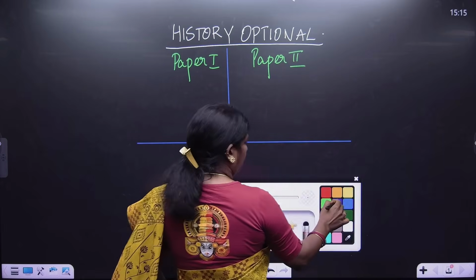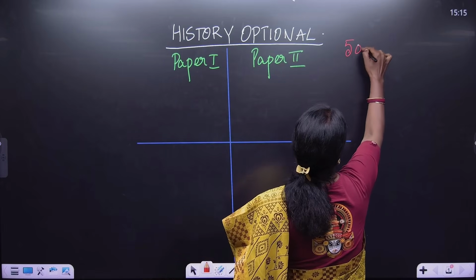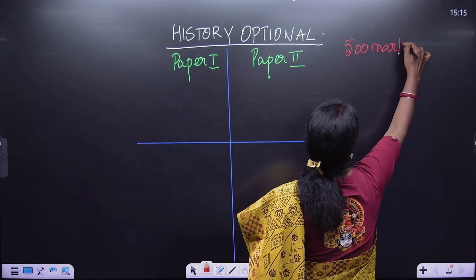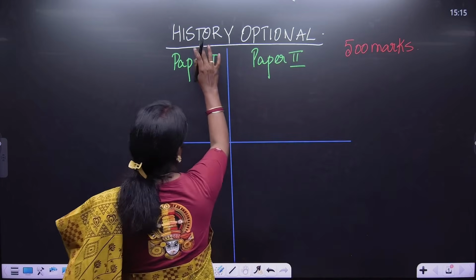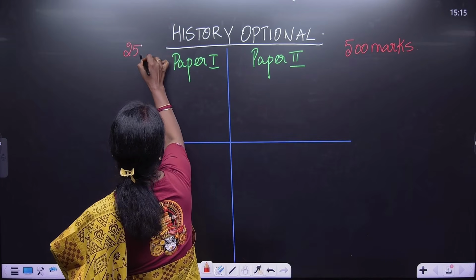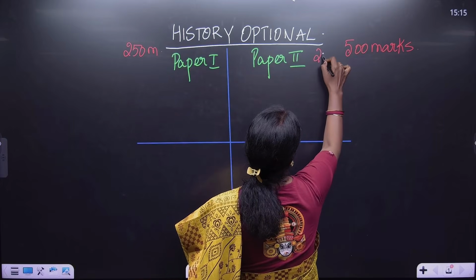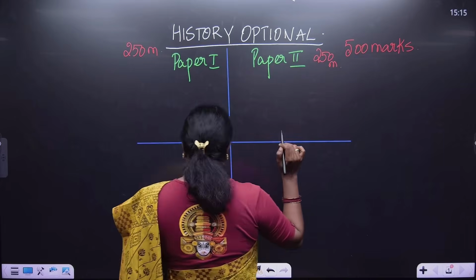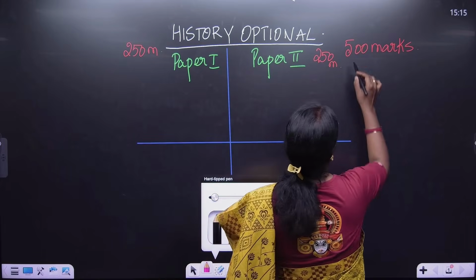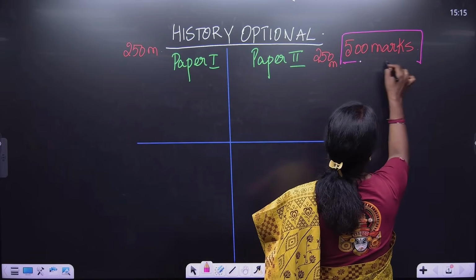As we all know, all optionals are for 500 marks. Paper 1 is for 250 marks and paper 2 is for 250 marks separately. In total, we have the optional for 500 marks.